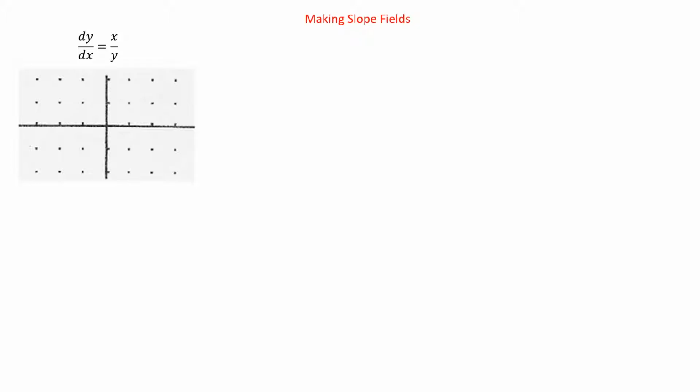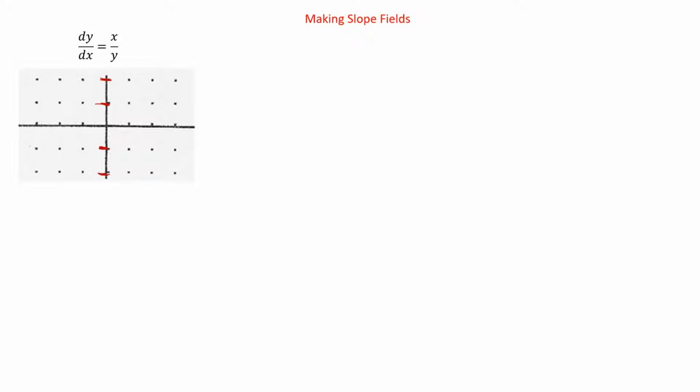So first of all, when x equals 0, we get 0 divided by something. It's going to have a slope of 0. That's going to be flat. So when x equals 0, as long as y doesn't equal 0, it's going to be flat. So we'll have a little flat line, little flat line, little flat line, little flat line.